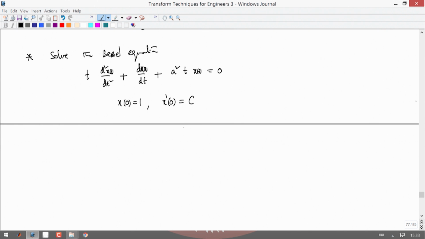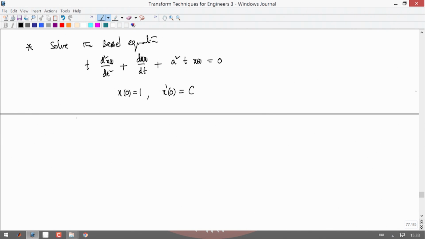So how do we solve this equation? Solution. Since t is positive, you apply the Laplace transform for the t variable to x of t.